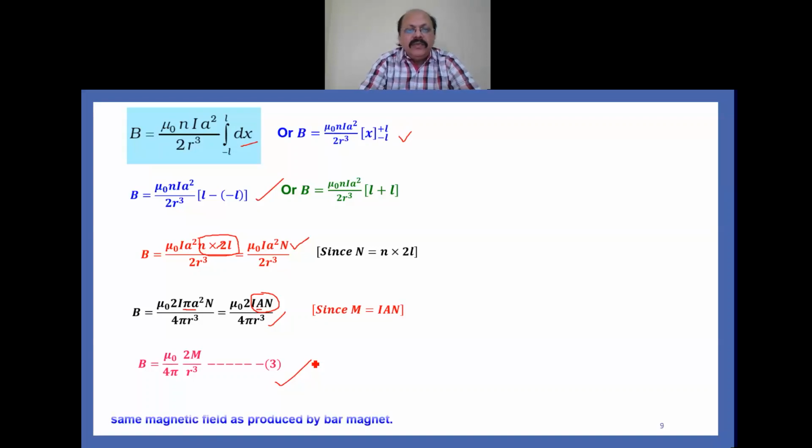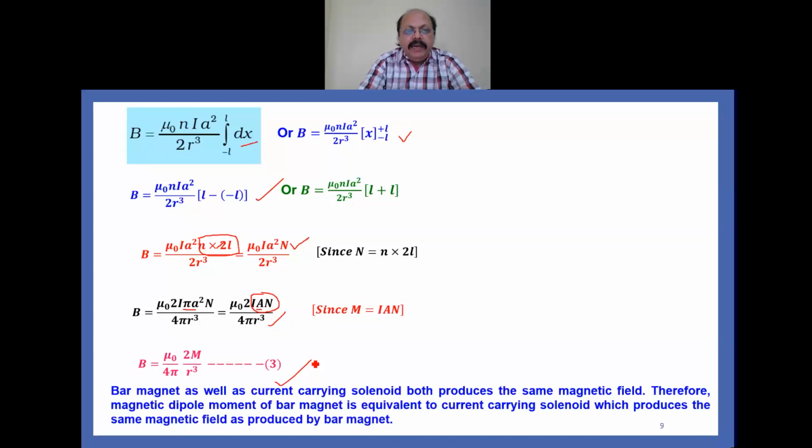So we can say that the bar magnet as well as current carrying solenoid both produce the same magnetic field. That's why both have the same magnetic dipole moment. Then we can say that the magnetic dipole moment of bar magnet is equivalent to current carrying solenoid, which produces the same magnetic field as produced by the bar magnet.